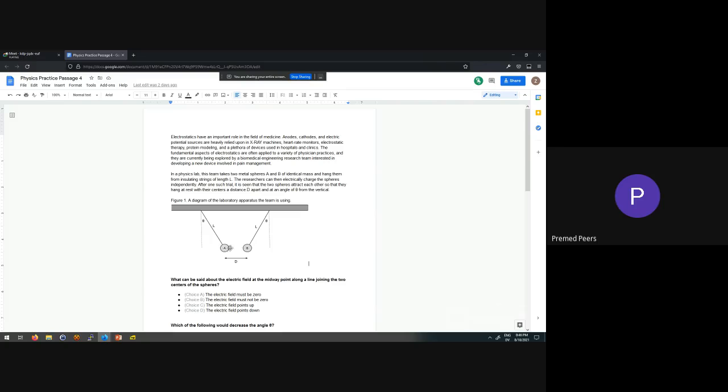If A is positive, its field is pushing to the right. If B is negative, it's pulling to the right. So both are pointing to the right, and they can't cancel, right? If these spheres had the same sign and equal magnitude, we could have them cancel. But of course, then the spheres would not be attracting like this.